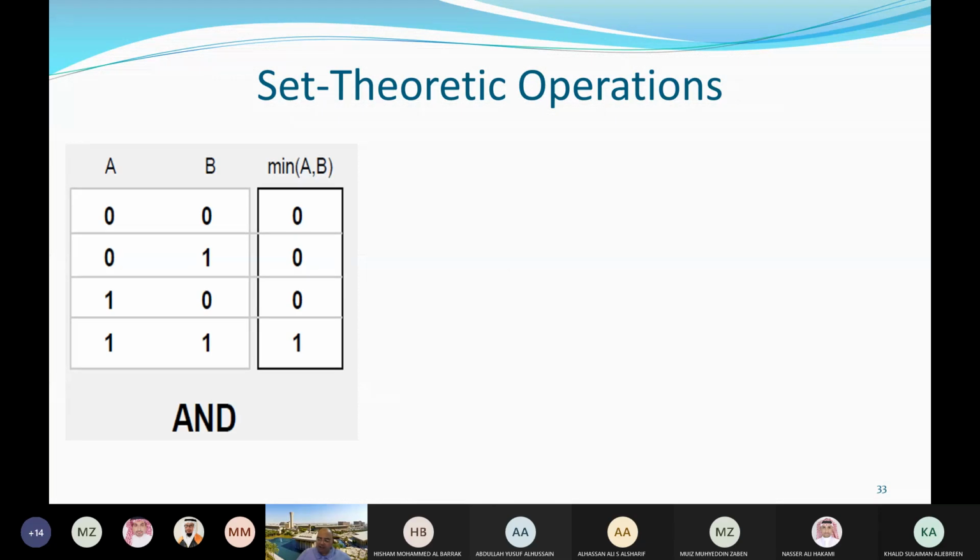Now, in classical sets, you have some operations on the set. You can do the union, you can get the intersection of the sets, you can get the complement of the set.